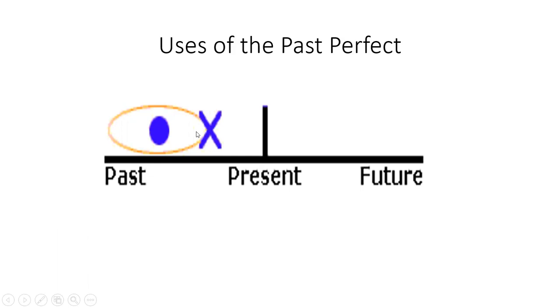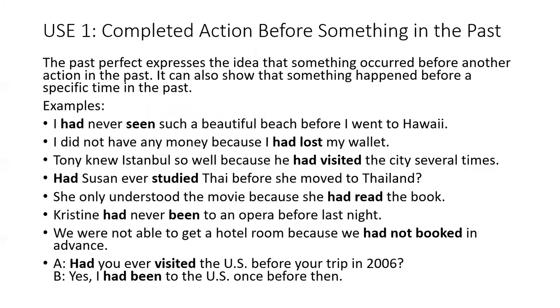But if we want to mention something that happened before that point, in the past of the past, then we use the past perfect. So, use number 1. It is used for completed actions before something in the past. This is actually the only use for the past perfect. It is when we talk about two things happening in the past, one happening before the other.